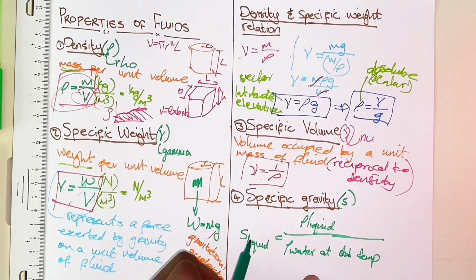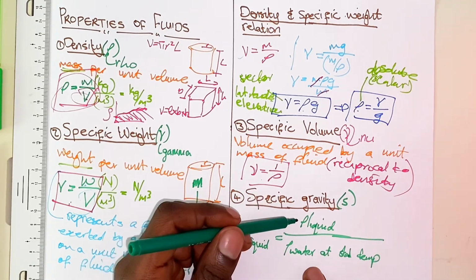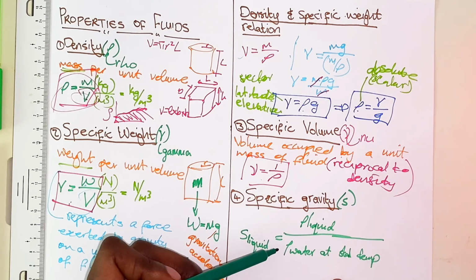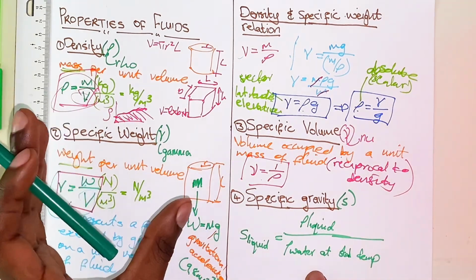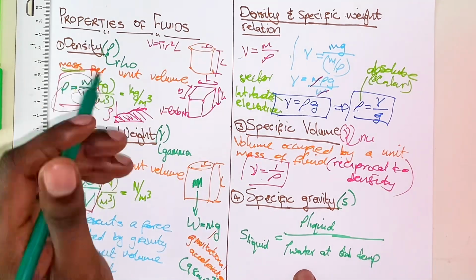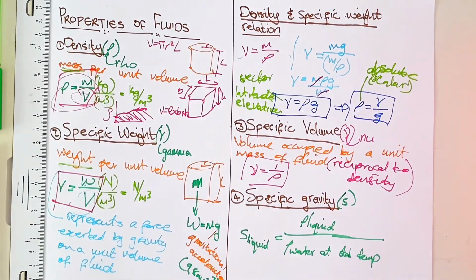That's all it is. The specific gravity is the ratio between the density of the liquid and the density of water at standard temperature. And those are your properties of fluid. In a future video, we'll talk about the fluid's compressibility and take it from there.